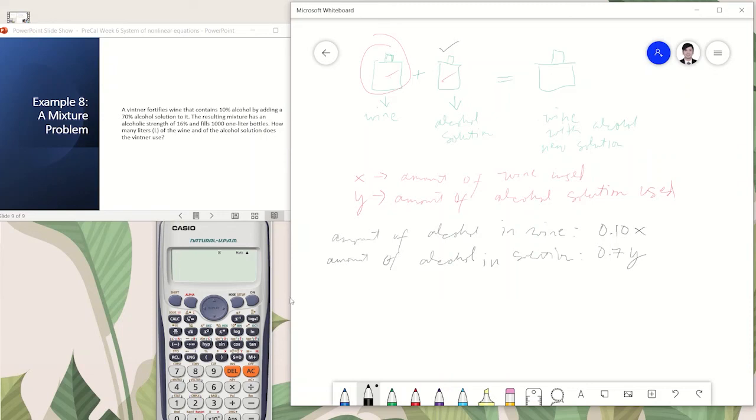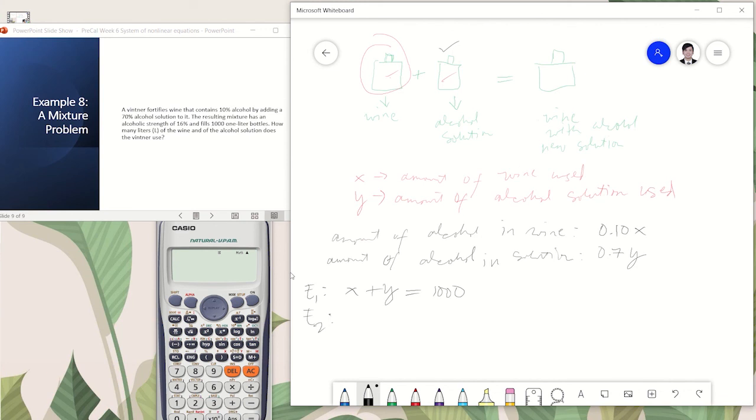So we will be able to come up with the first equation by simply thinking of it as the amount of the wine used added with the amount of alcohol solution. Since we combine them together, it will result to 1,000 liters. Then, we can come up also with our equation 2 based on the amount of alcohol.